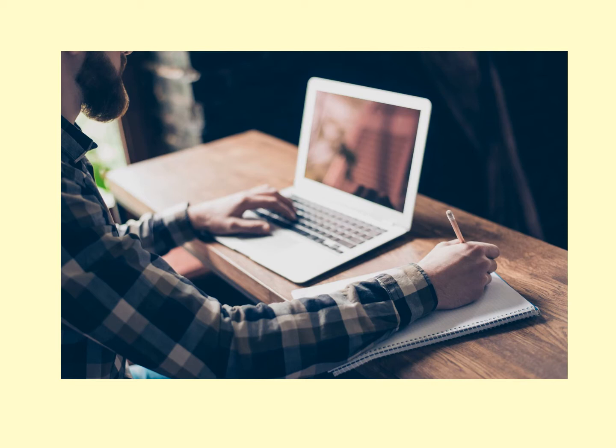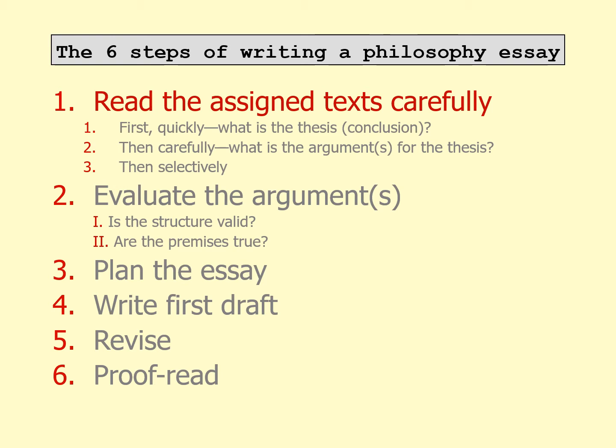It might help to have a virtual or electronic notebook handy. In the previous lesson, we were interested in how to read a philosophy text. I explained that what we're looking for when we read a philosophy text is an argument or arguments.